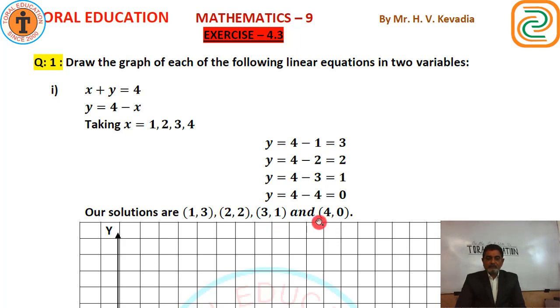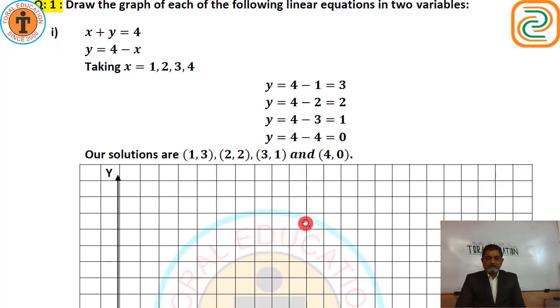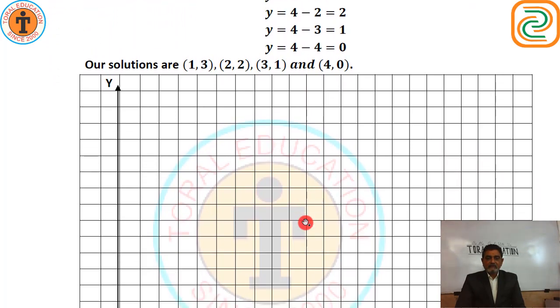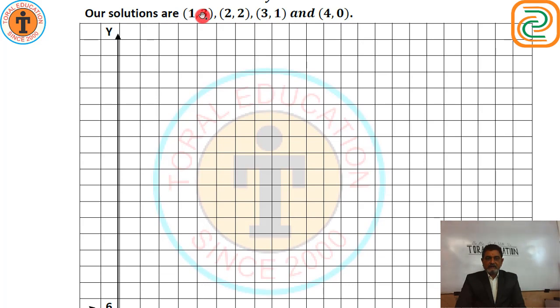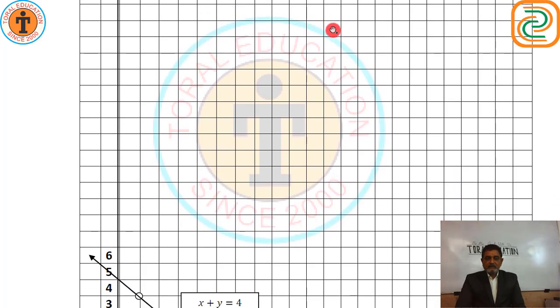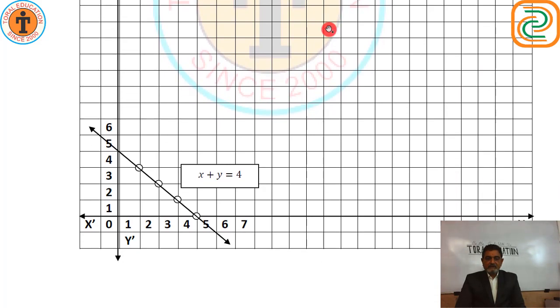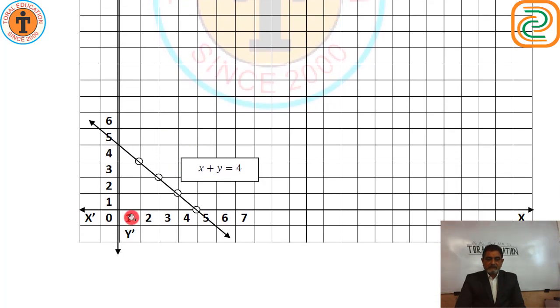Now we have drawn the graph. Look at the graph. Here our points are (1, 3), (2, 2), (3, 1), (4, 0). This is the x-axis and this one is the y-axis. The standing line is the y-axis.